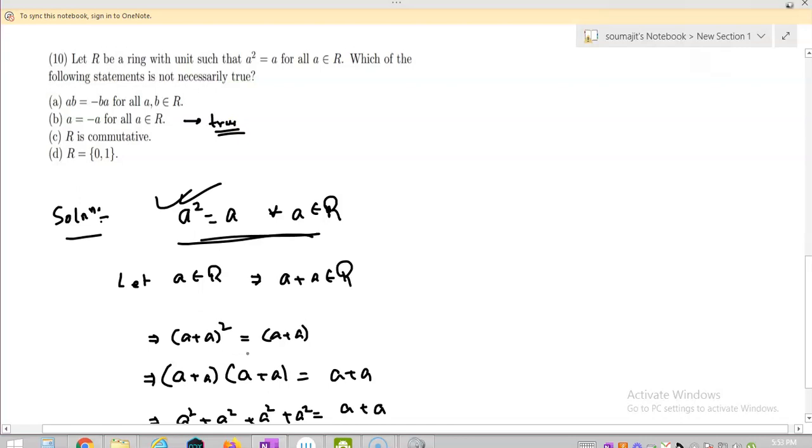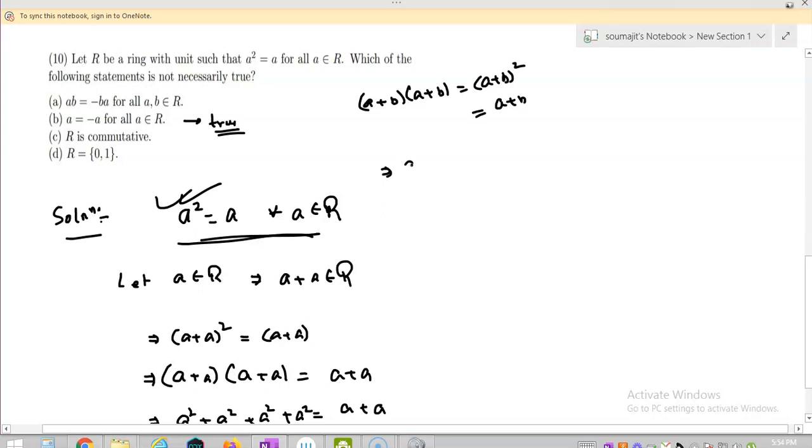Okay, the next one: option A says that AB is equal to minus BA. For this I am starting with (A plus B) into (A plus B). This is nothing but (A plus B) whole squared, which is equal to A plus B by the given condition.